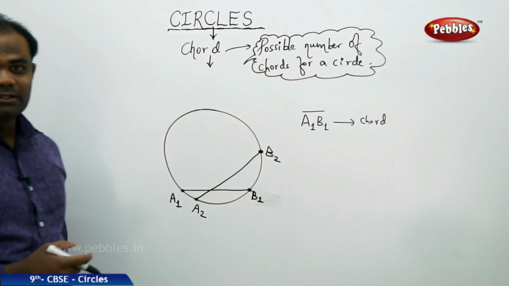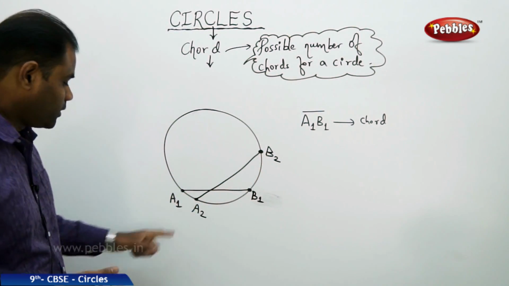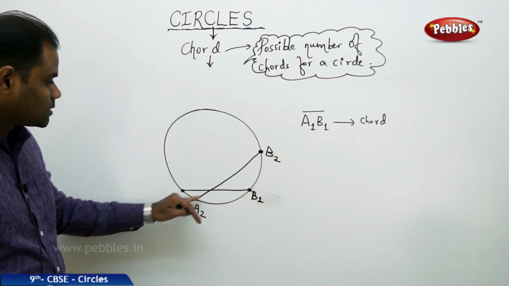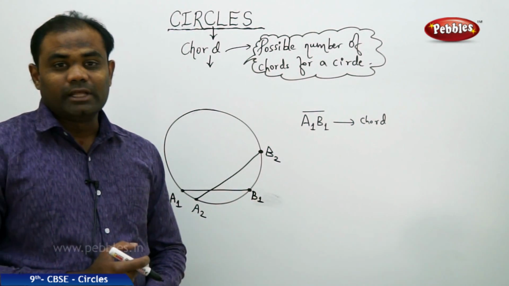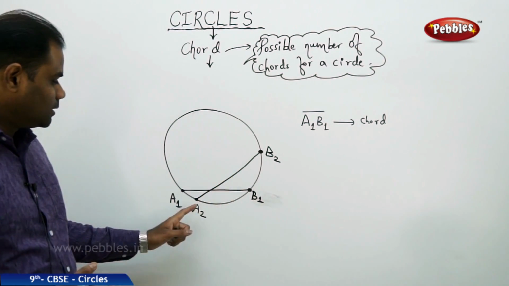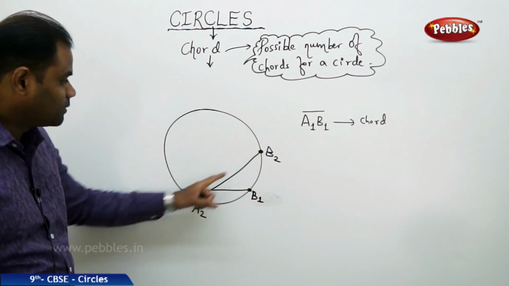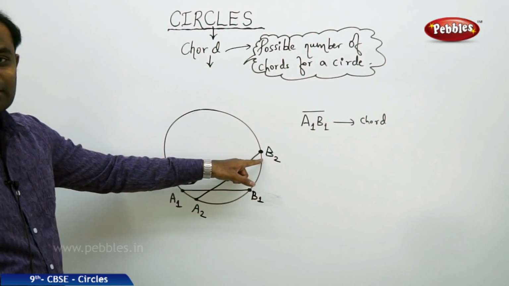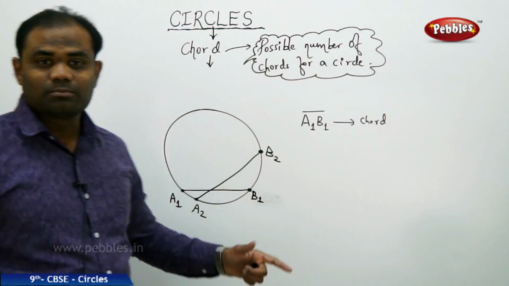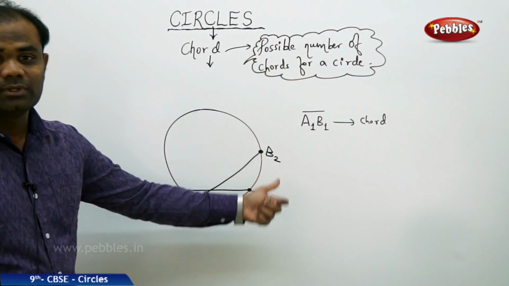So I have another line segment which is formed when I join the points A2 and B2 on the circle. Therefore, by the definition of the chord, I can say that A2 B2 also is a chord because this line is obtained when I join 2 points on the circle.